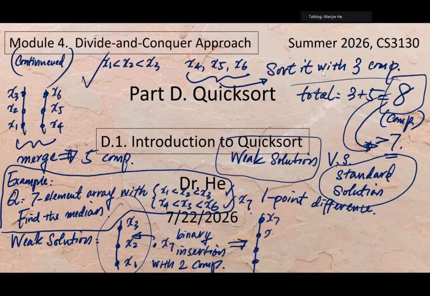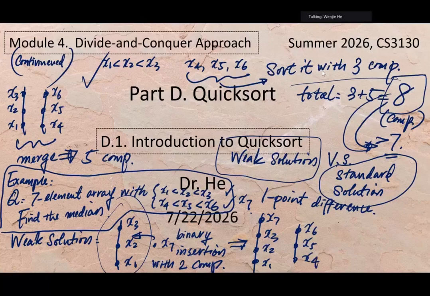So now the result: a 4-element ordered chain X7, X3, X2, X1, and another 3-element ordered chain X6, X5, and X4.